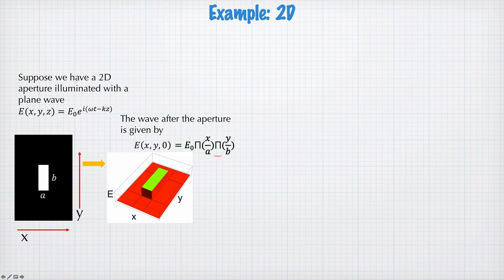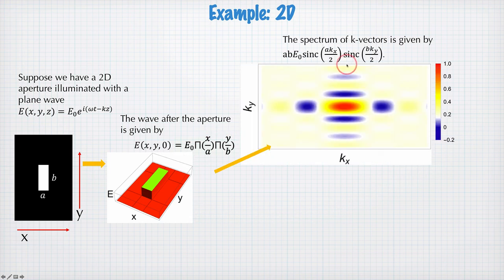And this one's actually pretty easy to do, because if we imagine this double integral over x and y, you just first of all take the Fourier transform over x, giving you a sinc function, and then you have the y bit left over, but this gives you another sinc function, and so the resulting 2D transform is the product of two sinc functions, one for x and one for y. And if we plot that out, we get a two-dimensional Fourier transform that looks like this. So this is now the spectrum of ky and kx values.